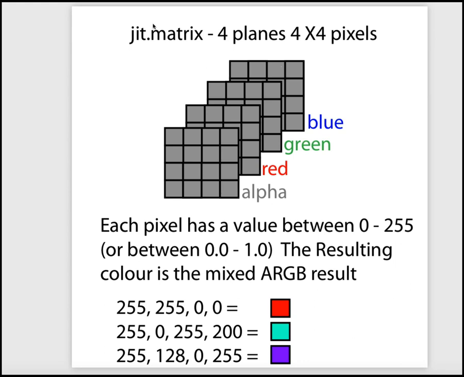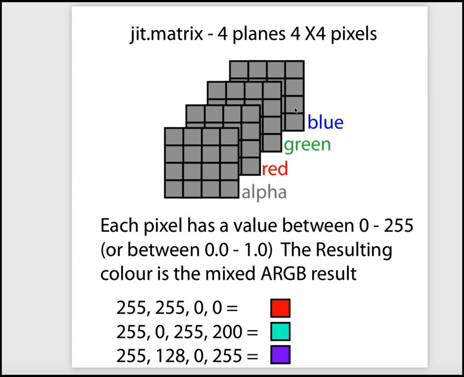And each plane contains dimensions which represent each pixel of the video. So in this example, I have a Jitter matrix that is 4 planes, each of which is 4 by 4. So this allows me to represent 4 pixels of alpha, red, green, and blue.